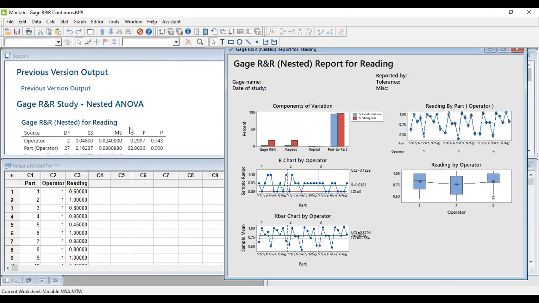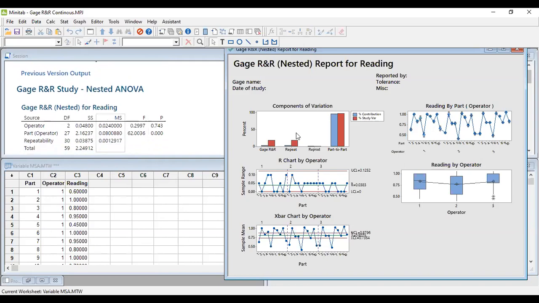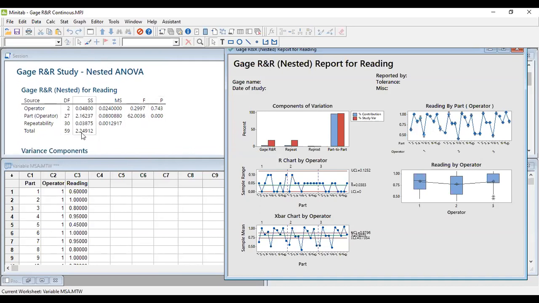Right. Yeah. Now comparing this, there are 3 different readings, right? One is gauge R&R, which is the total variation. Then you have repeatability, which is your gauge error. Reproducibility is within appraisers, and then you have the part-to-part variation. This is the actual variation, right?